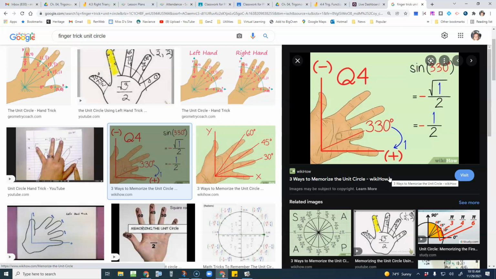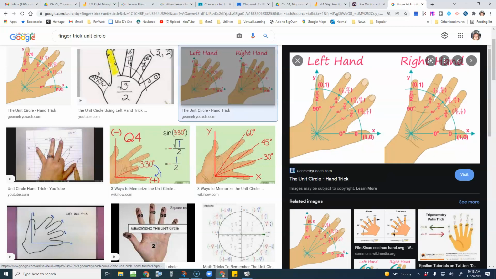Let me go back to this one real fast. If you fold the pi over 6 in your unit circle... Oh, I did it the wrong way, sorry. The cosine comes first, that's what's on top, and then the sine comes next. The cosine is √3/2. Count your fingers: 1, 2, there are 3 of them, and then your sine is √1/2, which is just 1/2.